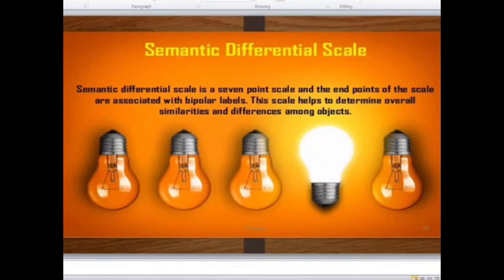So, the semantic differential scale is a 7-point scale, and the end points of the scale are associated with bipolar labels. This scale helps to determine overall similarities and differences among objects. See the bulbs: four of them show the similarities and one shows a difference. In this way, we can represent the similarities and differences among objects.